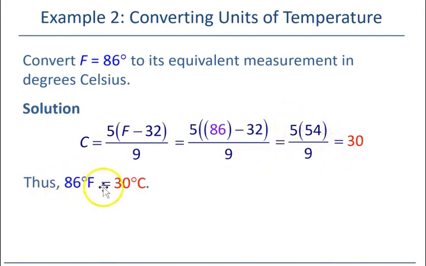Thus 86 degrees Fahrenheit is 30 degrees Celsius. It might help to find common average temperatures, like knowing that around 90 degrees it's going to be about 30-something degrees Celsius, so if you see 30 degrees Celsius, you have a rough idea of what the temperature is going to be.